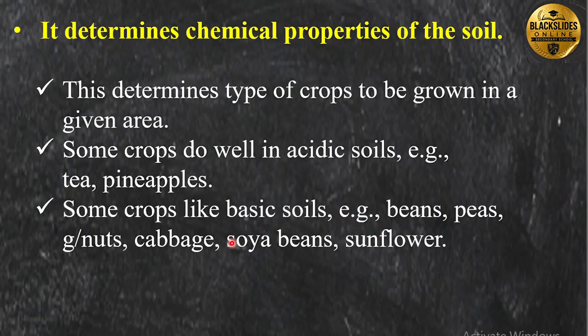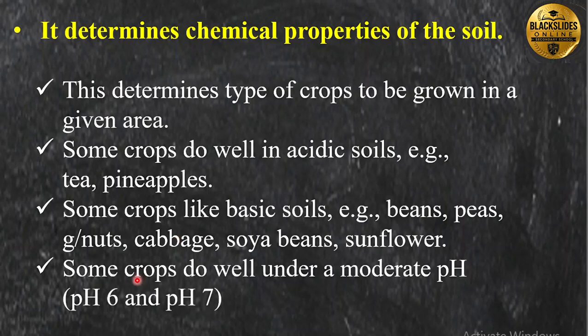These do well in basic soils. So we are saying soil pH determines the type of crops to be grown in a given area. Some crops do well under moderate pH, between pH of 6 and 7, not too acidic, not too alkaline soils, just in the middle.